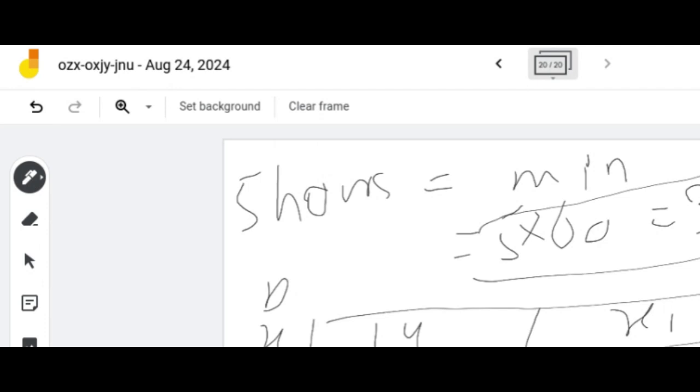5 into 60 equals 300 minutes. Now 14 kilometers equals 25 minutes, and the next one equals 300 minutes.